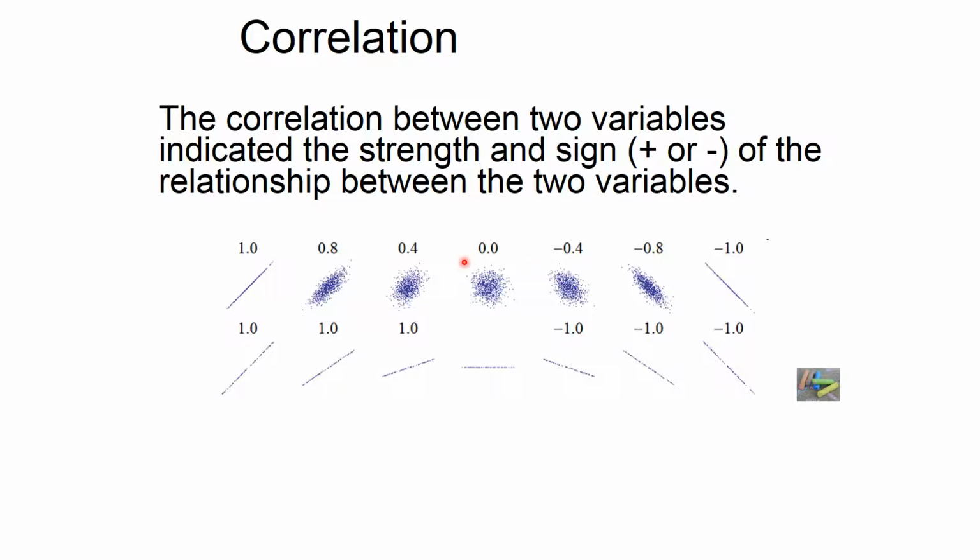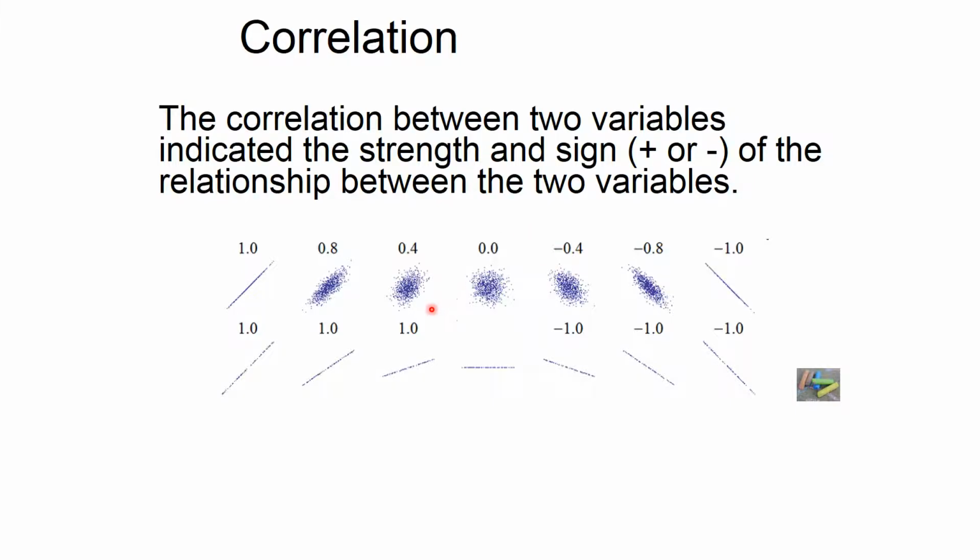If there's absolutely no relationship between one variable and the other, we just have a cloud of data, a shotgun blast like that, and we'll have an R of 0. Whereas if we've got an intermediate relationship like this, where it looks like there is some relationship, then we might have a correlation somewhere in between 1 and 0.